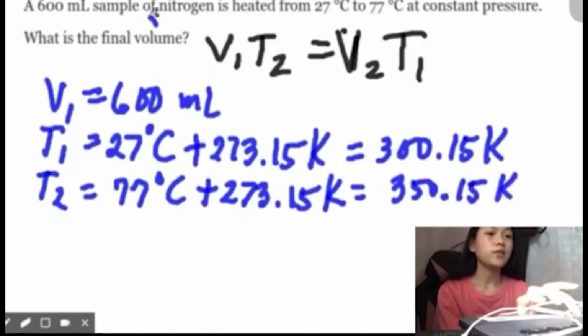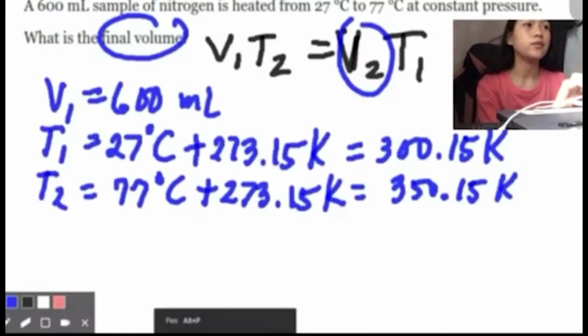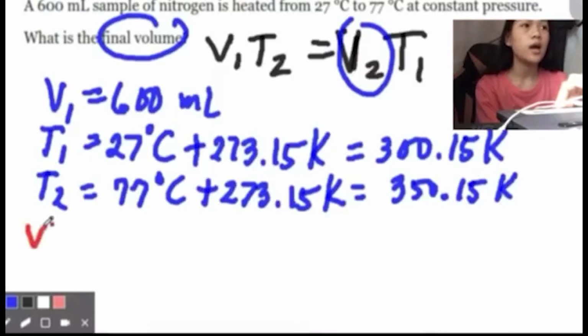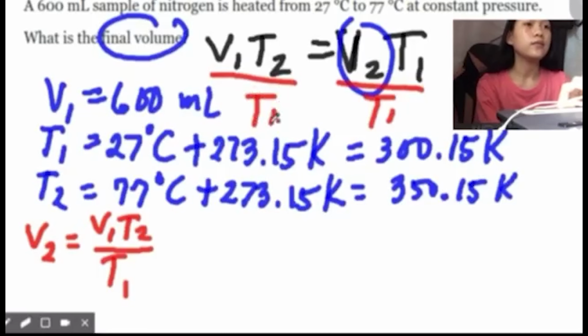Ready to solve for the final volume, V2. To solve for V2, we need to get rid of T1. That means the final equation that we will use is V2 equal to V1 T2 over T1, because we need to divide both sides by T1 so that you can remove it.